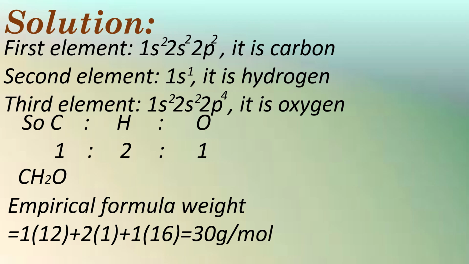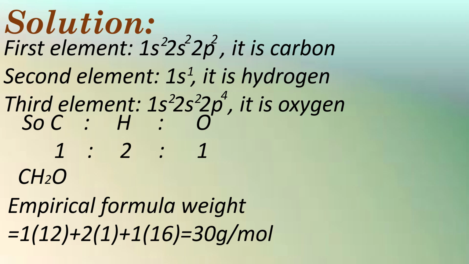Solution. First element has electronic configuration 1s2, 2s2, 2p2. If we add the number of electrons, 2 plus 2 plus 2, that is 6. There are 6 electrons in the neutral atom, so it is carbon because carbon's atomic number is 6.